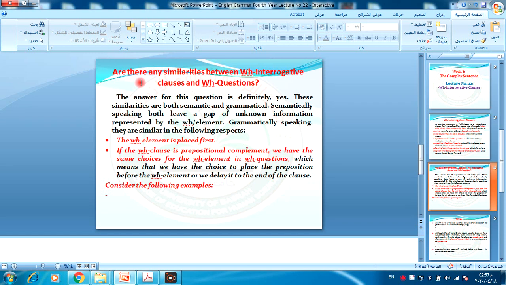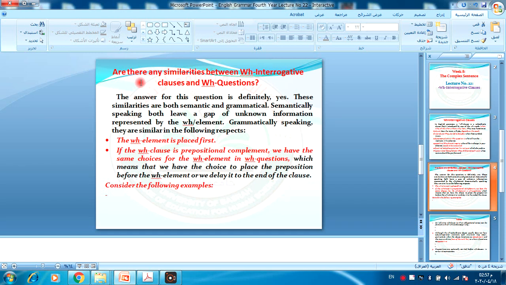Number two, if the WH clause is a prepositional complement, we have the same choices for the WH element as in WH questions, which means that we have the choice to place the preposition before the WH element or delay it to the end of the clause.